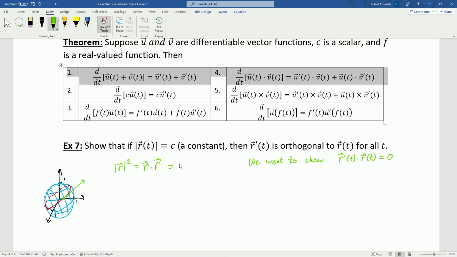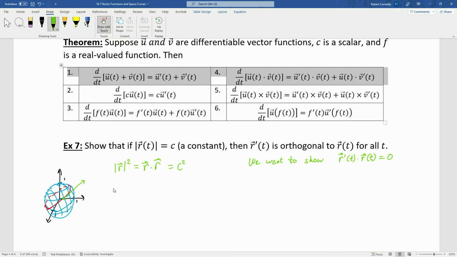So this would be equal to c squared. So we know that the dot product of r with itself is a constant c squared. And we want to show that r prime dot r is 0.